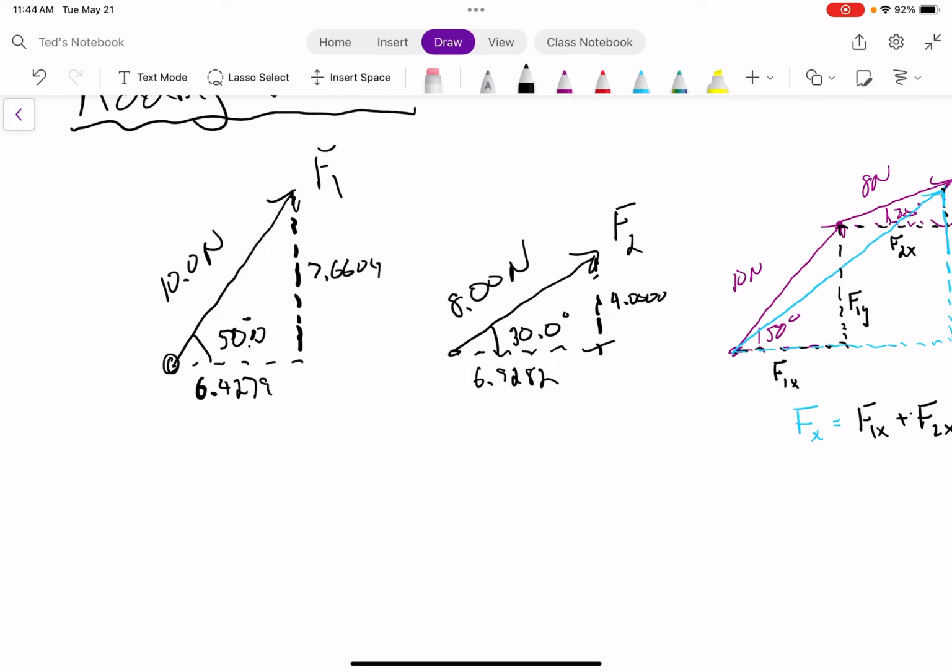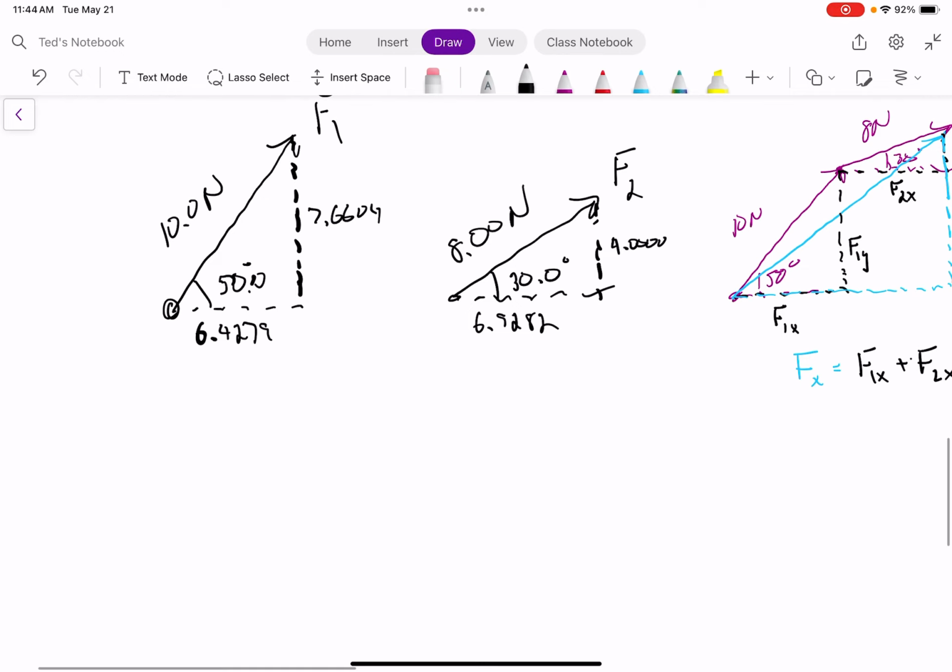Okay. So then, to find the x component of our answer, we need to add the two x components. 6.4279 plus 6.9282 gives me 13.3561.